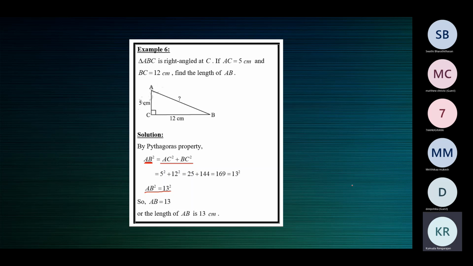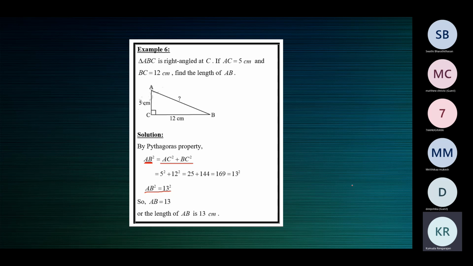Yeah, thank you, children. So I was telling you that 25 plus 144 is 169. 169 is nothing but 13 into 13. You should know the squares of at least the first 30 natural numbers. 1 square is 1, 2 into 2 is 4, 3 into 3 is 9, 4 into 4 is 16.